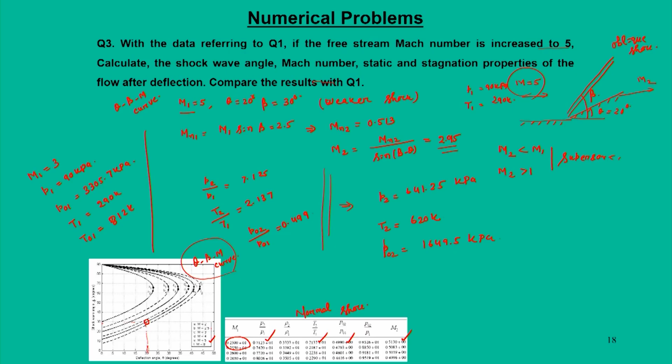In the second problem, keeping M1 the same, we increased theta to 30 degree, and the shock wave becomes stronger. In the third problem, keeping theta at 20 degree, we increased M1 from 3 to 5, and there the shock wave becomes weaker.